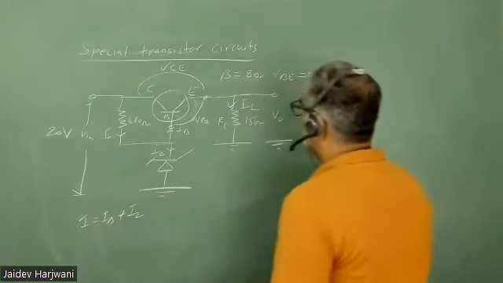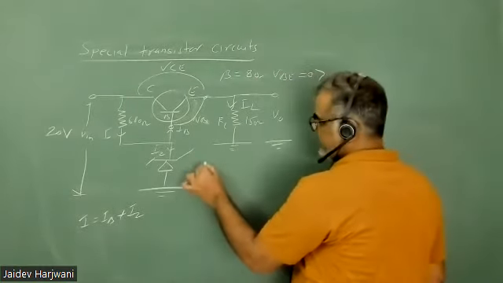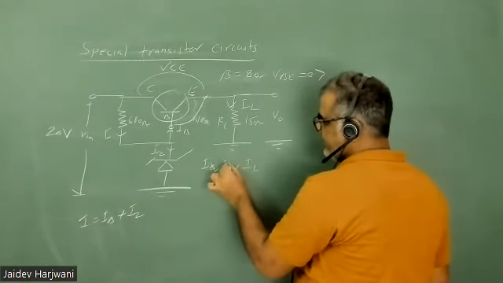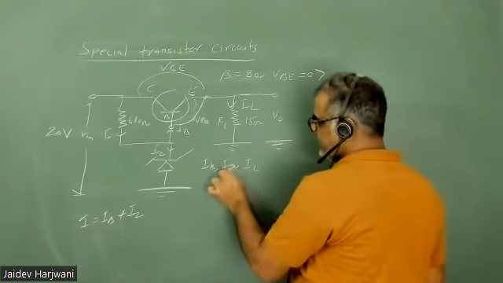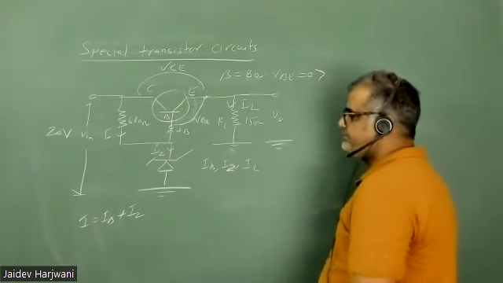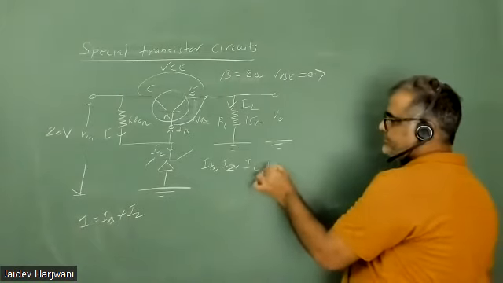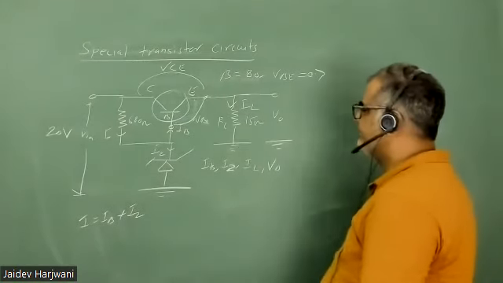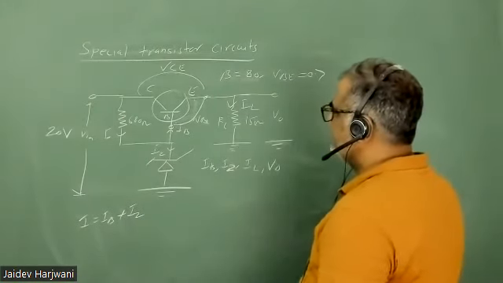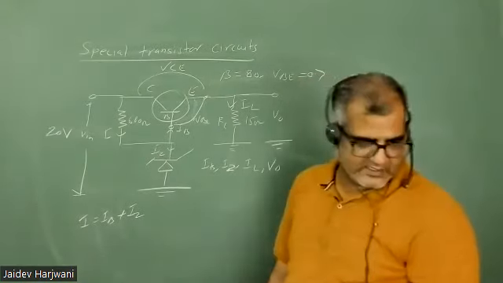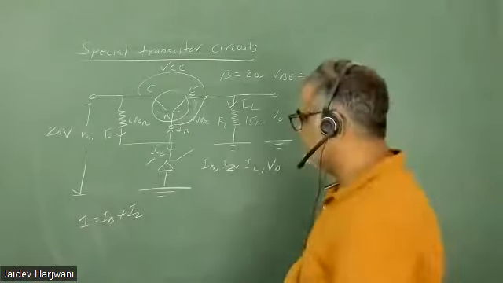So find IB, IZ, IL. You need to find this in the circuit. And of course you need to find the V naught also. सर VZ दिया है इसमें? VZ भी दे रखा है इसके अंदर. VZ आपको दे रखा है 10 वोल्ट.